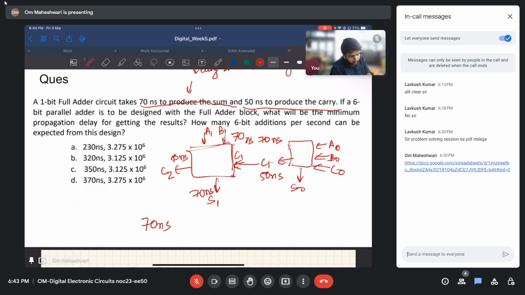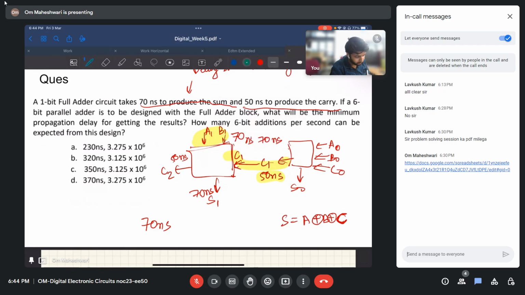But this carry actually propagates, right? This C1 only goes here, and that is counted in the sum. What is sum? A XOR B XOR C, right? But you cannot do XOR with C until you have C. So for getting C, there is a 50 nanosecond delay.